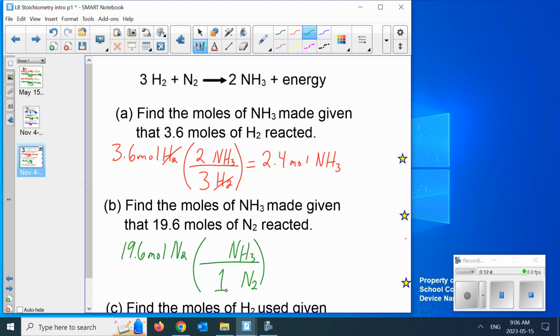You don't have to put down the 1 because mathematically it doesn't matter. It's assumed. So I'm really going 19.6 times 2 to get 39.2, keeping those digits, moles of ammonia, rid of nitrogen. There we go.